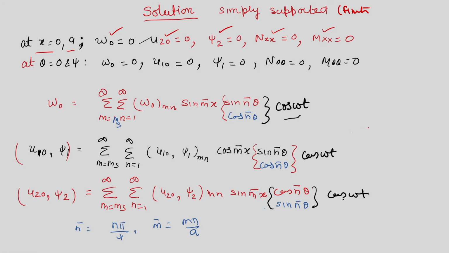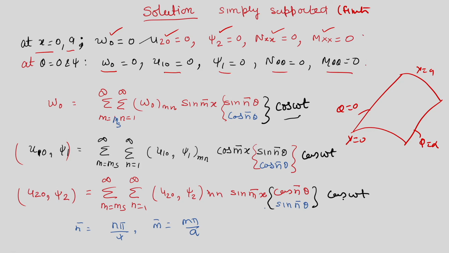Along theta equal to 0 and theta equal to alpha, the variables w equal to 0, u1 0, psi1 0, n theta theta 0 and m theta theta 0. So, if these variables are specified, then we can assume the solution.